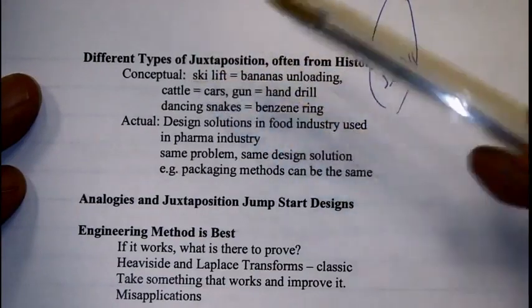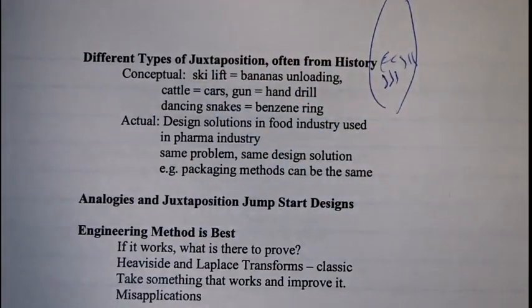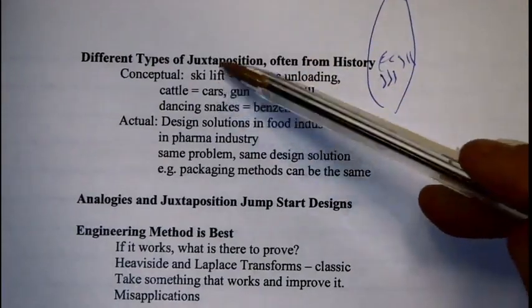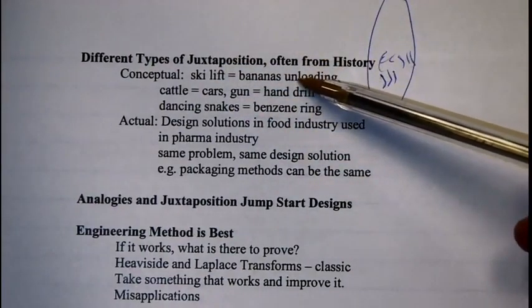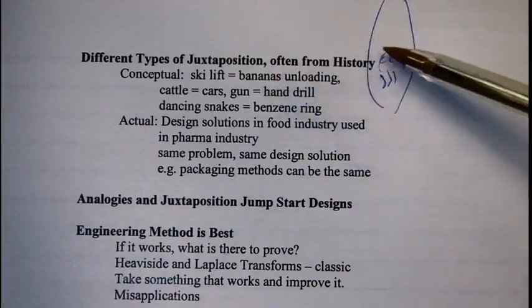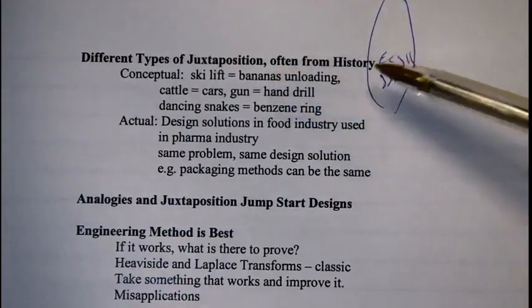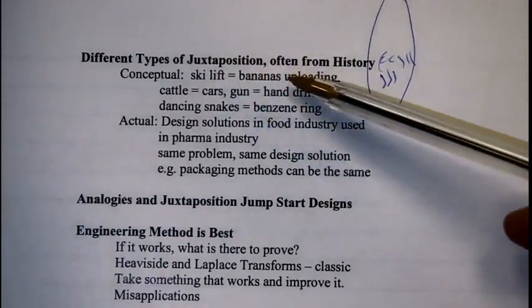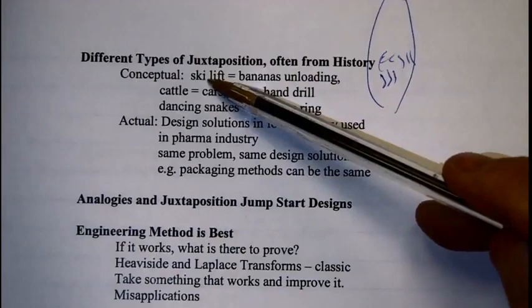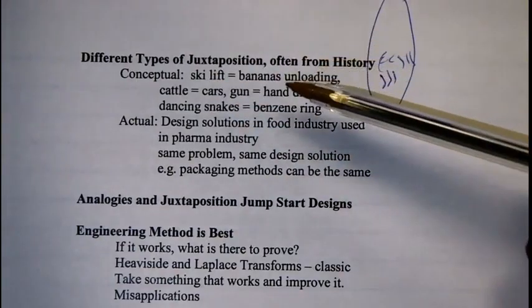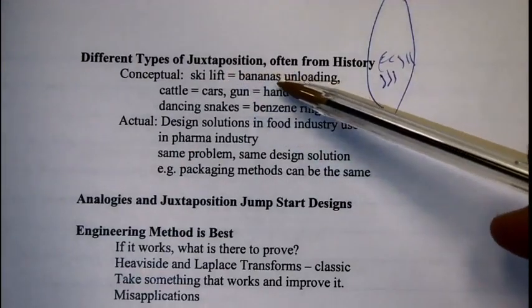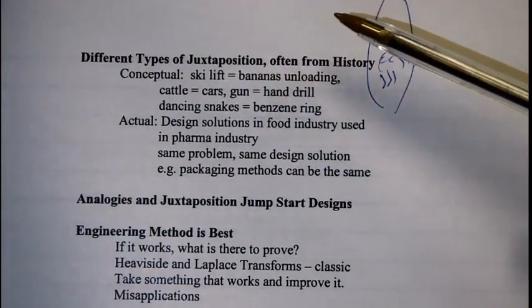And he needed to get the people up on top of the mountain easily. So he drew the analogy between bananas unloading and a ski lift. In fact, the design almost fits exactly. Banana bunches like this probably weigh as much as a small human, or so. All he needed to do was change the banana hook into a seat, and away he goes. So again, the ski lift was invented in Miami, Florida, where there's no snow.